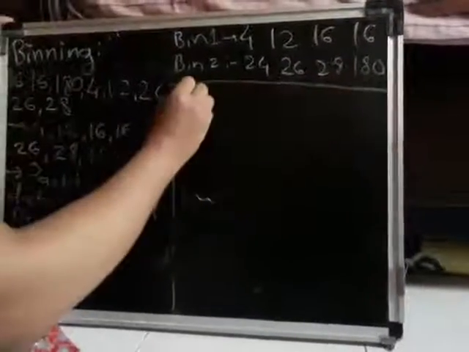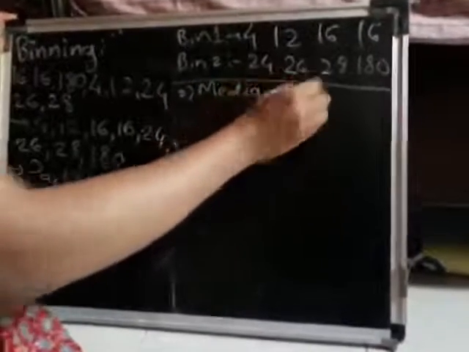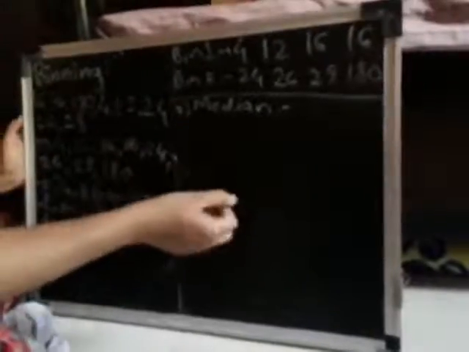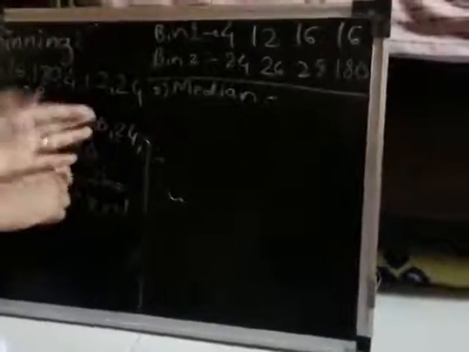Now median, how to calculate the median? Median is the addition of the middlemost numbers. Take the addition of the middlemost two numbers and calculate their mean. That is what the median is.